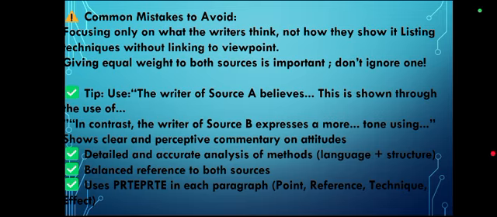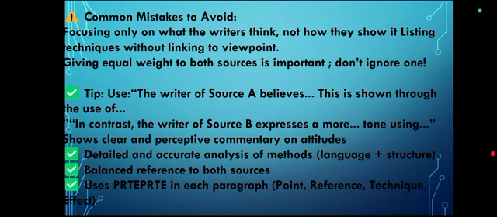Okay? Now, your tip for success is to use "the writer of source A believes" as your sentence starter when you're writing your paragraph. You can also use any of your good sentence starters, but just use a comparative sentence starter to comment on this.